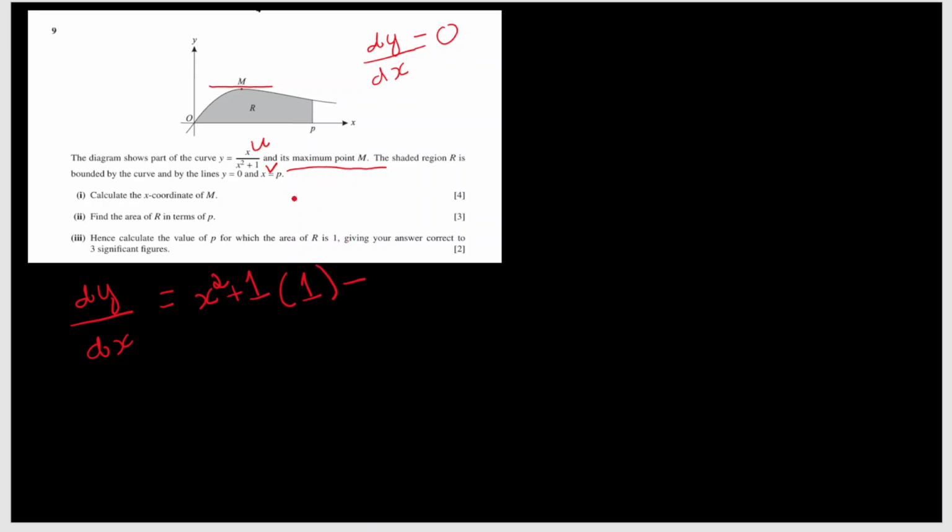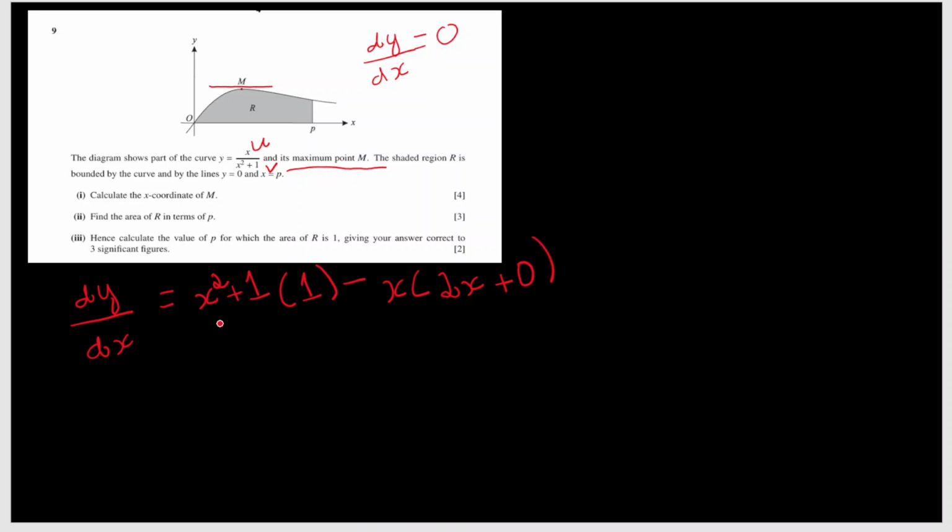Then again we are going to write u, x, and the first derivative of v. Now v is x square plus 1, and the first derivative of x square plus 1 will be 2x. The derivative of x square is 2x, and of a constant number is 0.